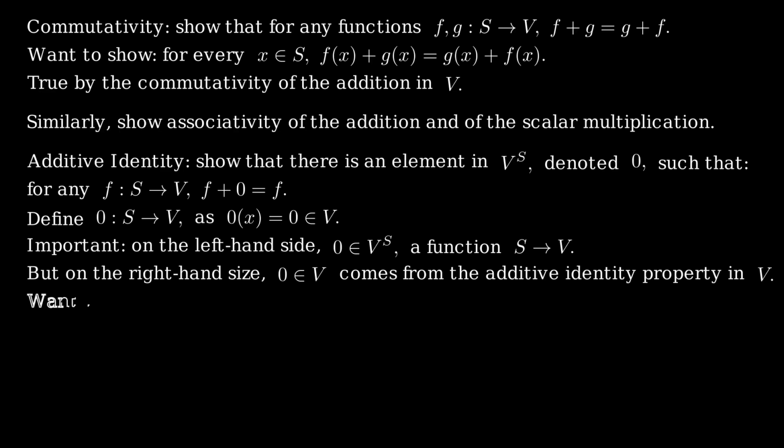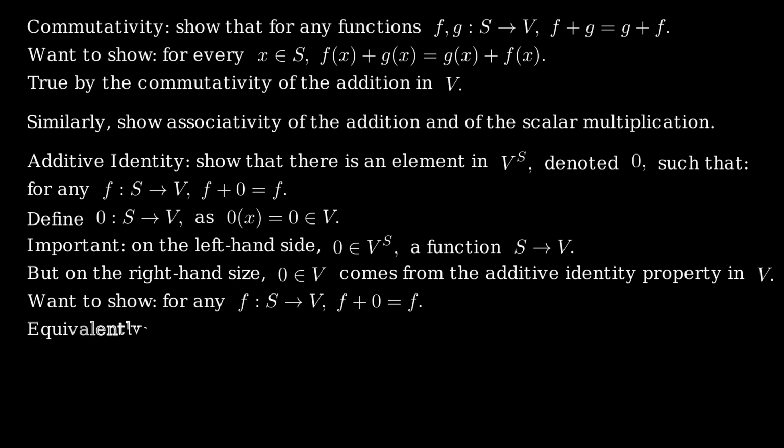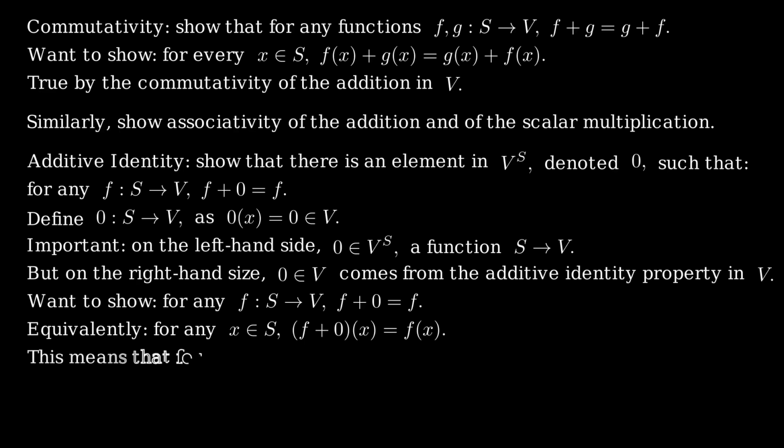We still have to show that this element in V power S indeed has the desired property. This is equivalent to showing that for any x in S, (f plus 0) at x is equal to f at x, which by definition of addition means that for any x in S, f at x plus 0 at x is equal to f at x.